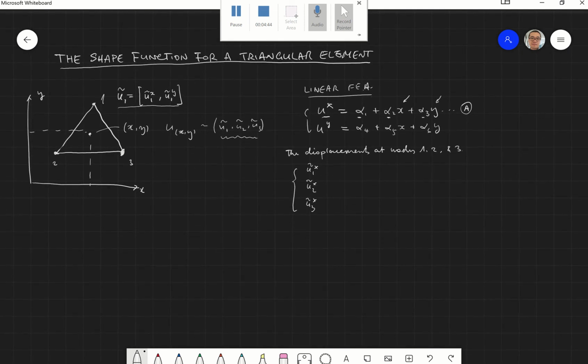And they are related to the coordinates of these three points. The coordinates of these three points will simply be x1, y1, x2, y2, and x3, y3.